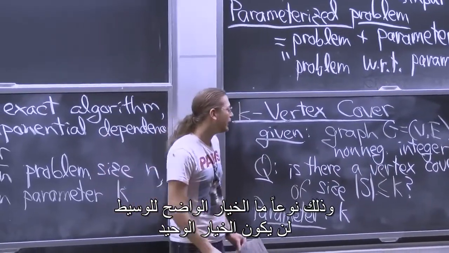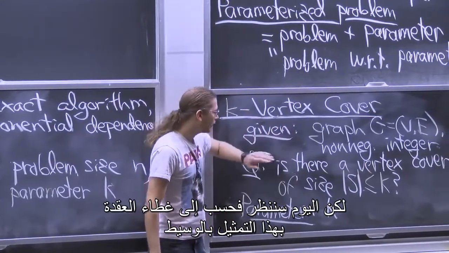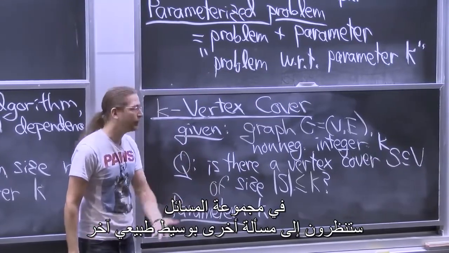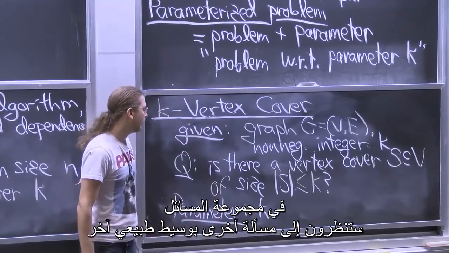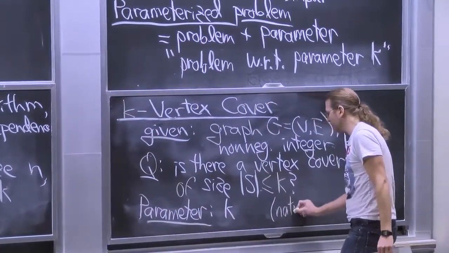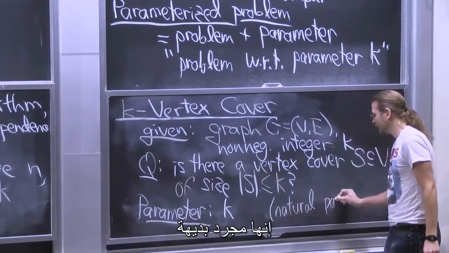It doesn't have to be the only one, but today we're just going to look at vertex cover with this parameterization. In your problem set, you look at another problem with another natural parameter. This is usually called the natural parameter. But there's no formal definition of natural. That's just intuition.